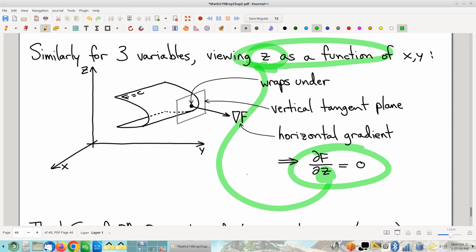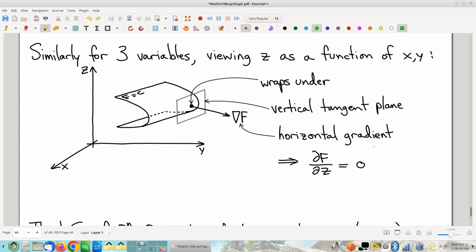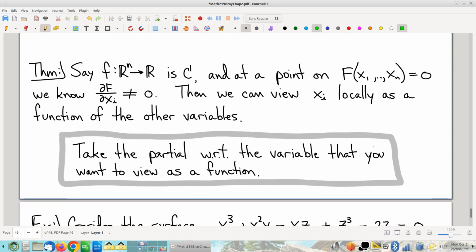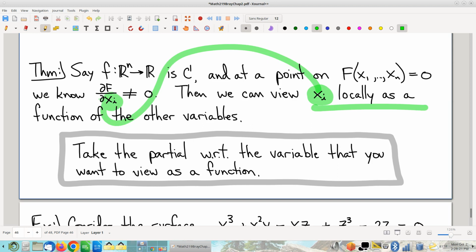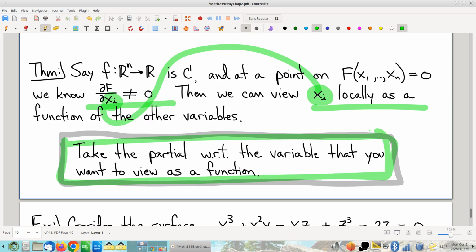This pattern holds, and again, I'm just going to wave my hands at that. We don't need to get all rigorous about it. The pattern holds whatever the dimension, whatever variable in the domain you want to reinterpret as being a function of the others. Whichever variable you want to view locally as a function, that's the variable with respect to which you take a partial and confirm that it's not 0. So that's the little summary that I have down here. Always take your partial with respect to the variable that you want to view as a function. Nice and simple and pithy.